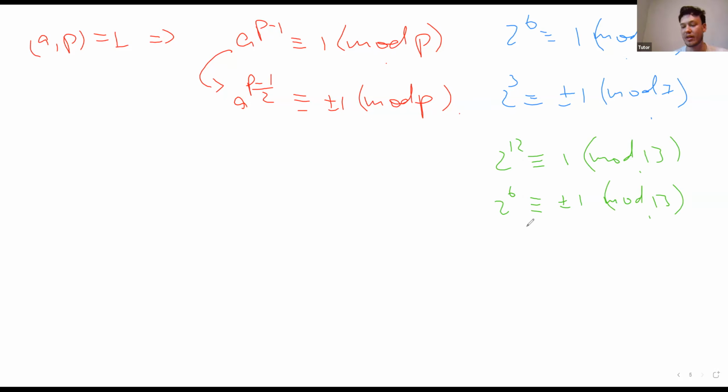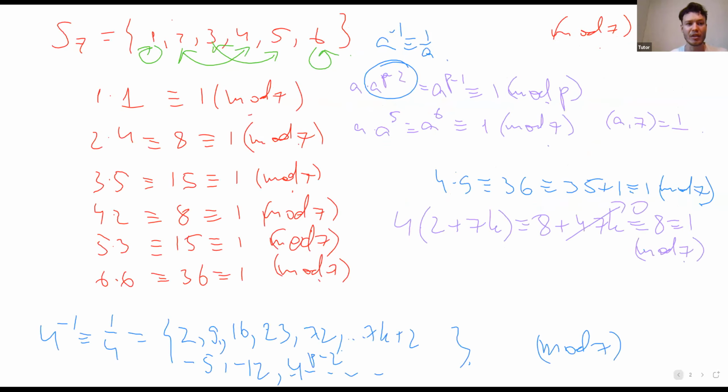If I divide 64 by 13, I get that 2 to the power 6 is congruent with 64, which is 65 minus 1, which is congruent with minus 1 mod 13. All right, cool. So we see that this idea of taking square roots always works.